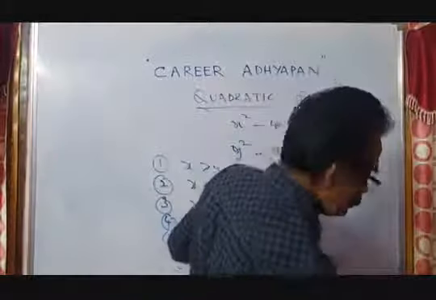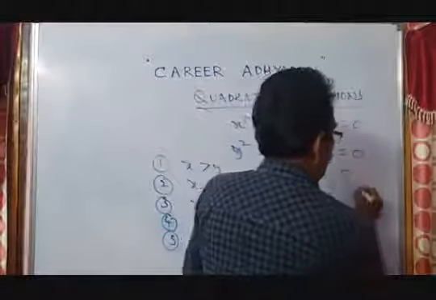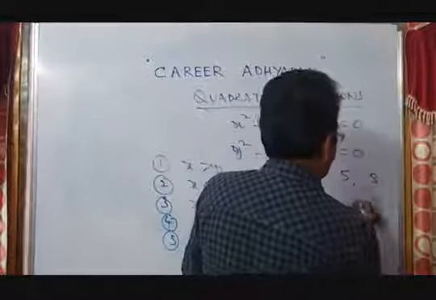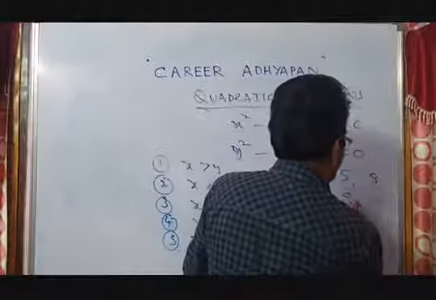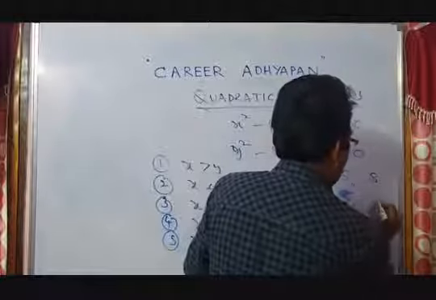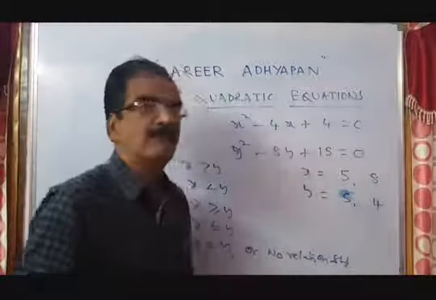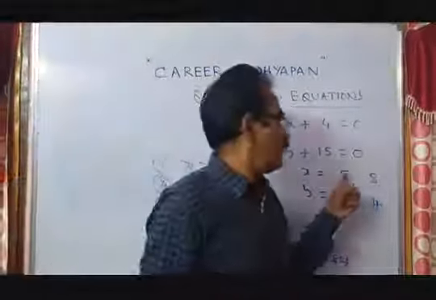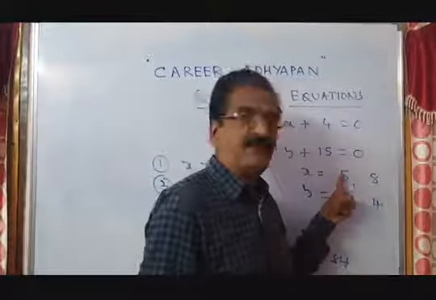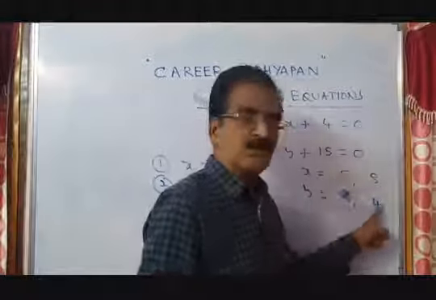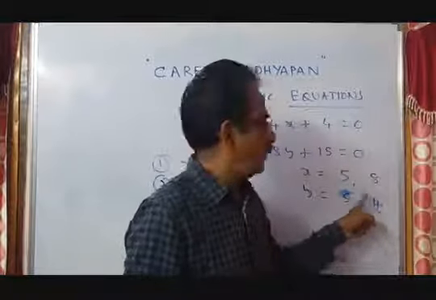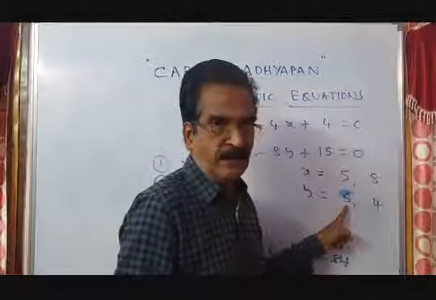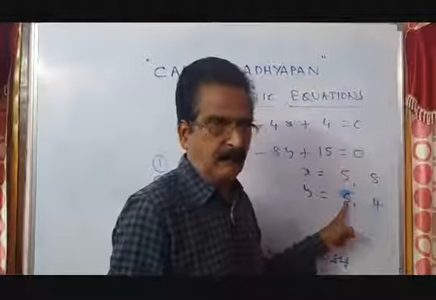Suppose x is equal to 5 and 8, y is equal to 5 and 4. If you compare the x value 5 with these two values, compared with 5, x is equal to y.